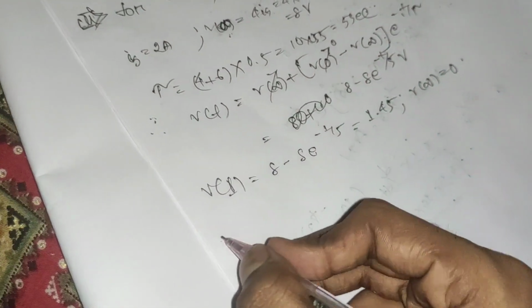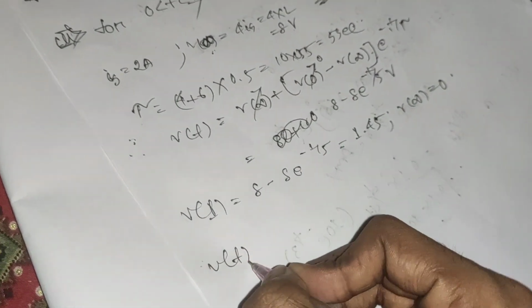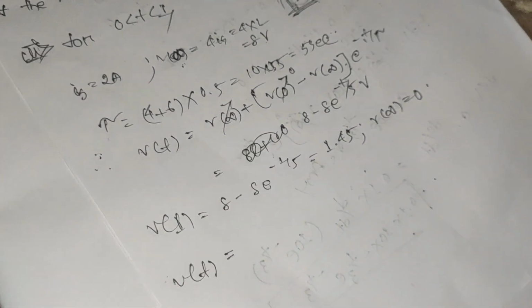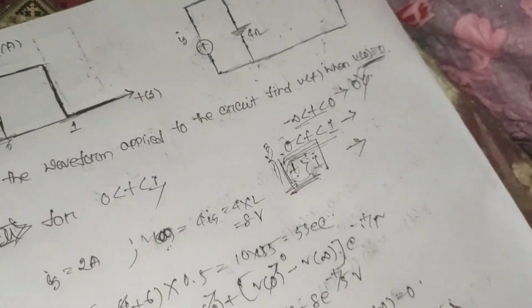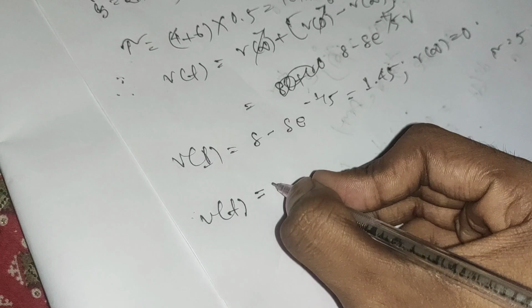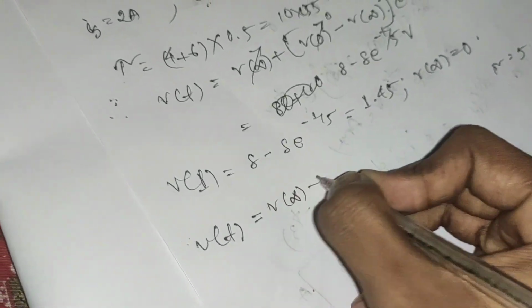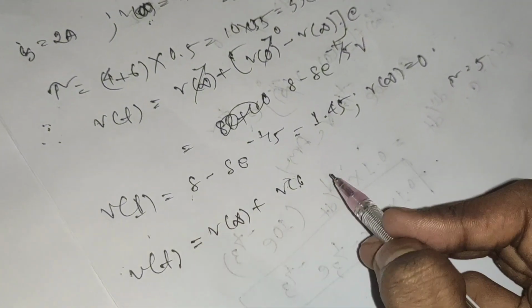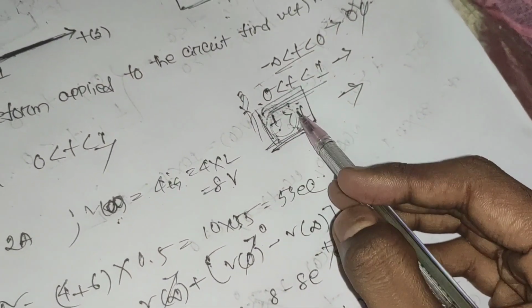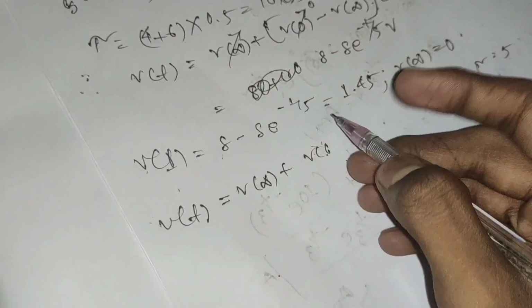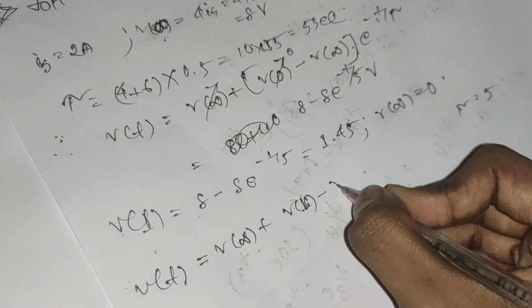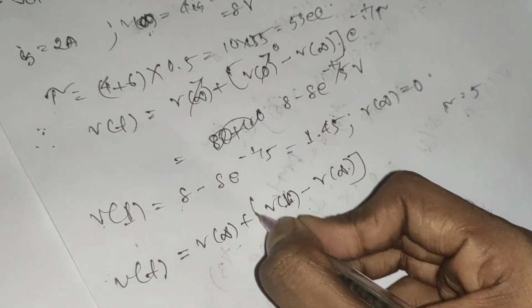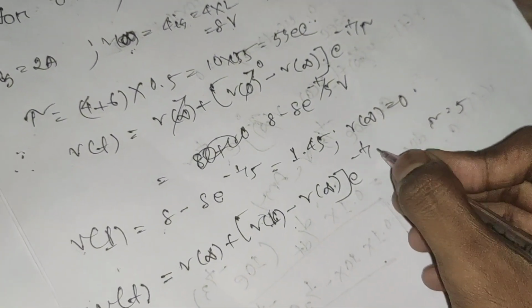Okay, so let's write this out. Vt equals what? Tau remains the same, equal to 5. So this is V infinity plus V0 minus V infinity, e to the power minus t by tau.